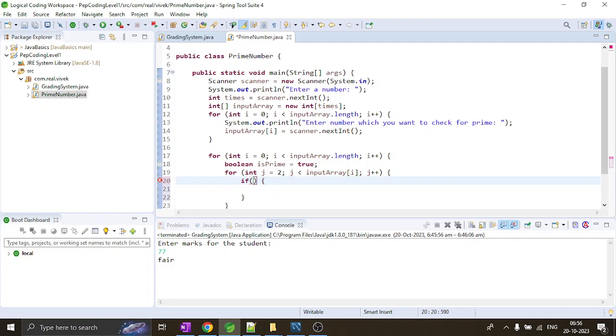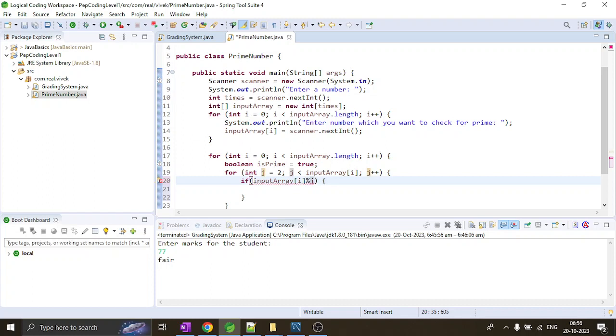What do we have to check? Yes, we have to check if the number which is input array of i is divisible by j.